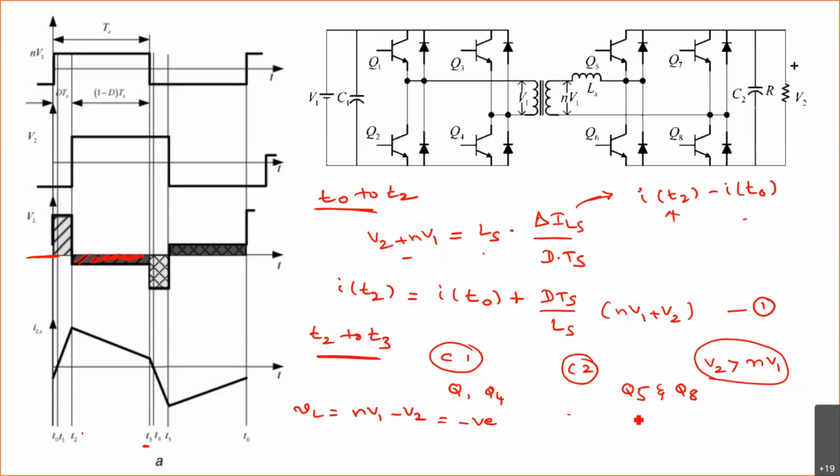So here the current is positive, right? Which devices are actually conducting here? Is it Q5, Q8 or D5, D8? Q5, Q8. The current is positive, so which device will conduct actually? D5, D8.